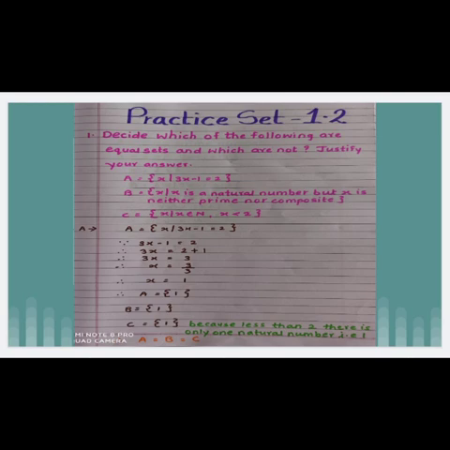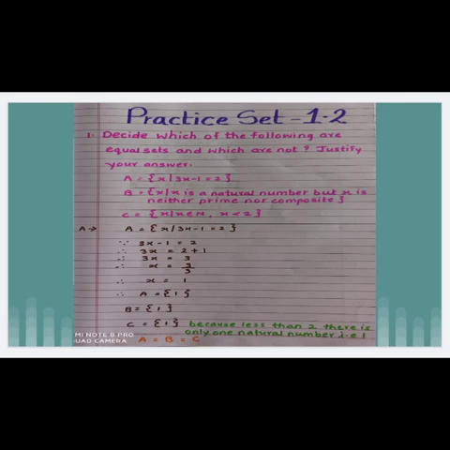Now, we will see practice set 1.2. Question number 1. Decide which of the following are equal sets and which are not. Justify your answer. Justify means you have to write down the reason why they are equal or why they are not.